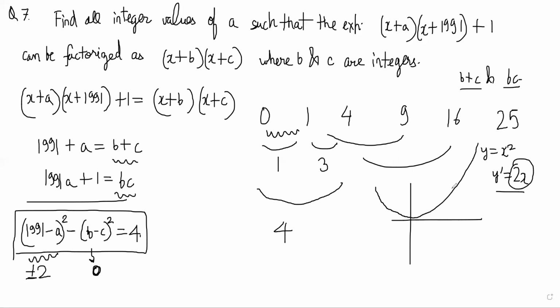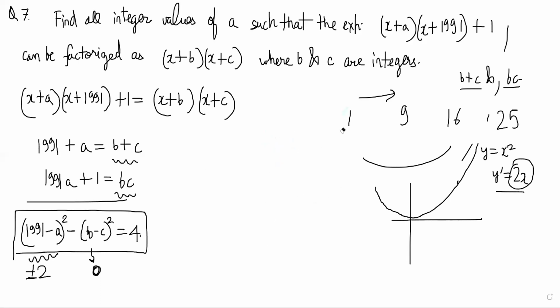So since its derivative is also increasing, it keeps growing at a faster rate. It will not slow down. The growth keeps increasing, so the difference between successive squares will keep growing.